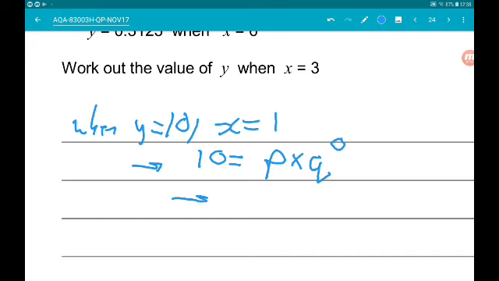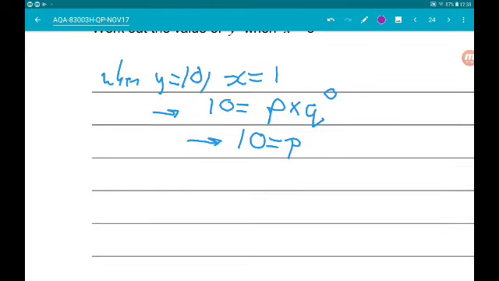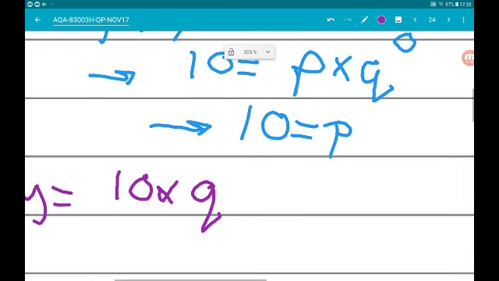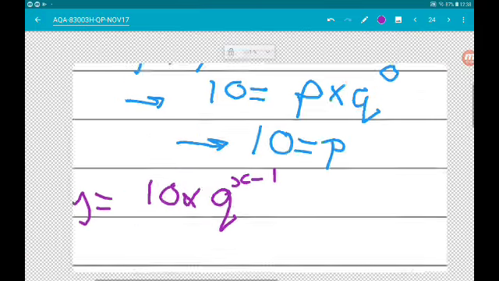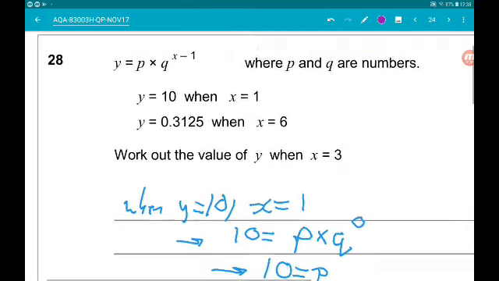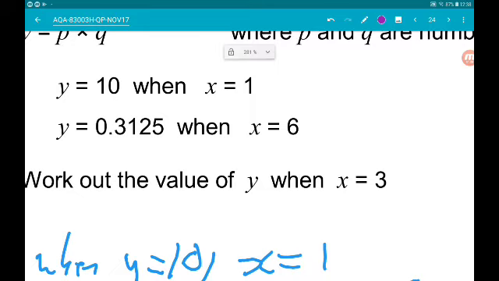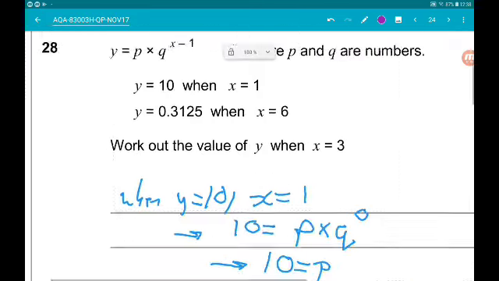So this tells us that 10 is equal to p, or p is equal to 10. So now we can say y is 10 times q to the x minus 1. Now we use the next conditions. So y is 0.3125 when x is 6.